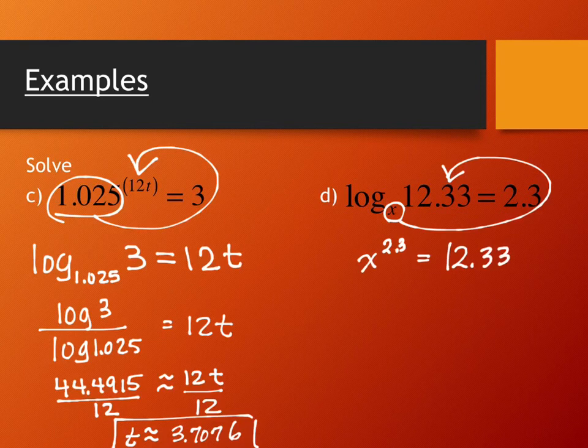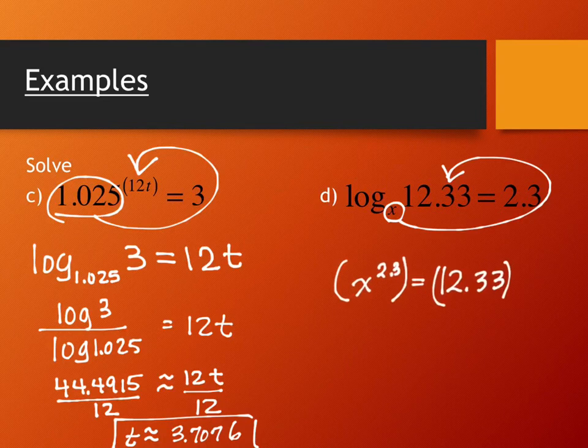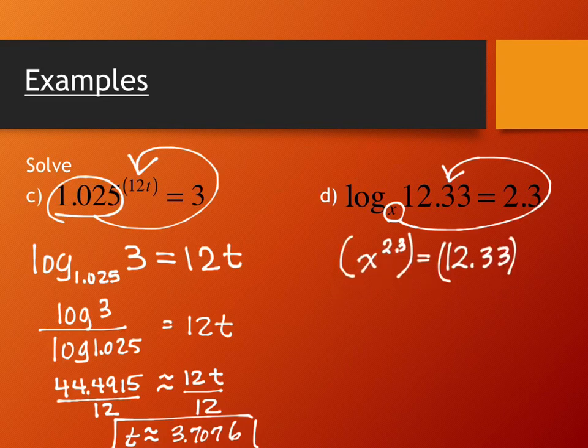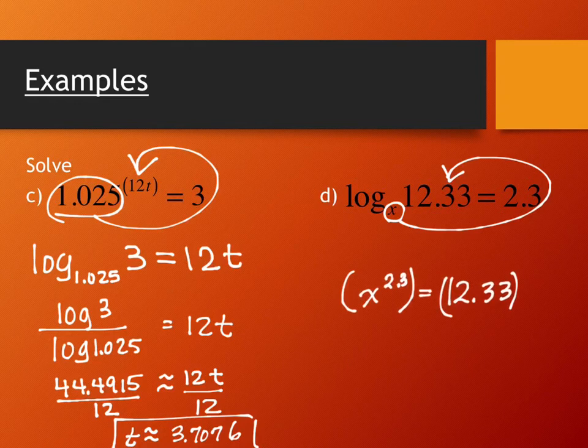So it's actually easier than you might imagine. What you're going to do is raise this to a power on each side. You're going to raise this to the power of 1 divided by 2.3.